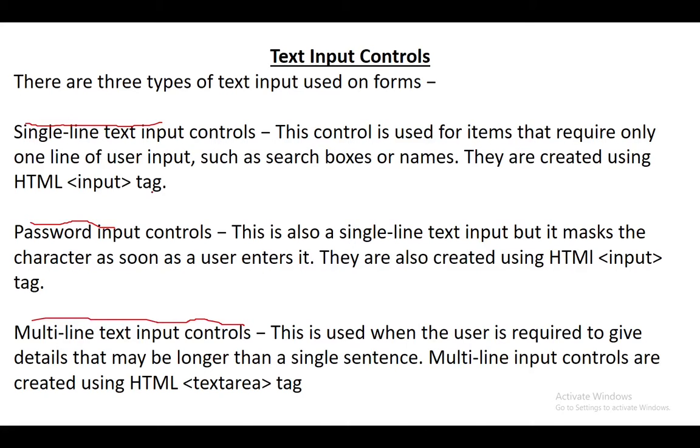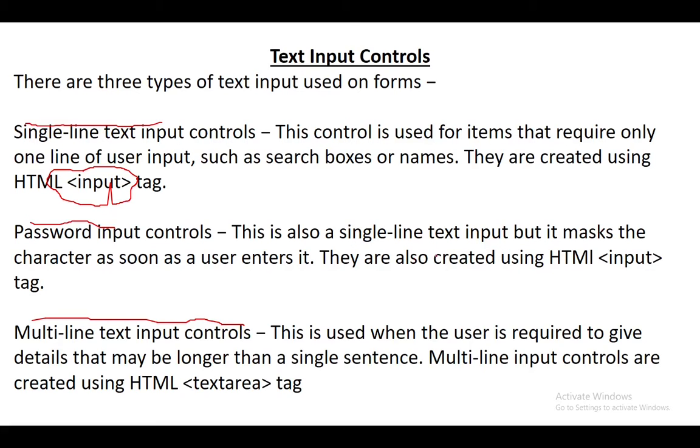The single line text input control is usually used when you're filling a form and you're only going to use one line. So when you're collecting names, first name, last name, just single line information, that's why you use a single line. Then we have the password. That's when you're putting your password into a form.